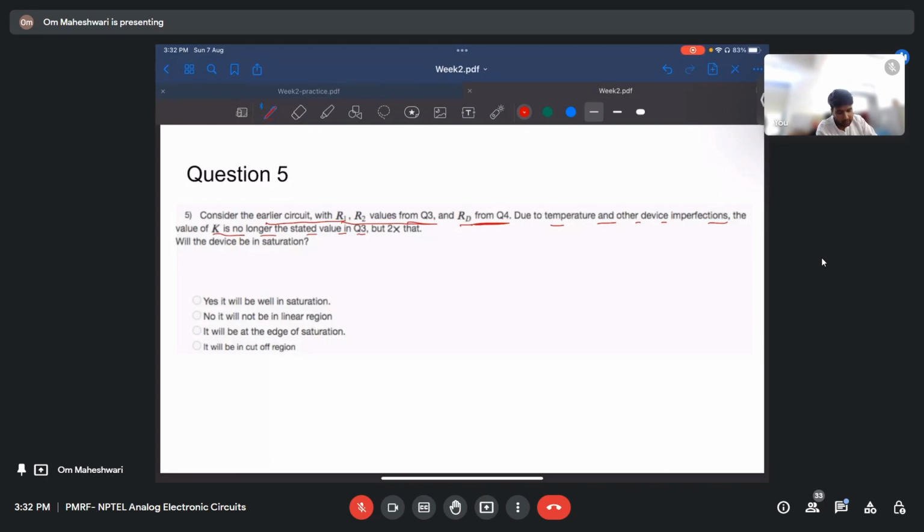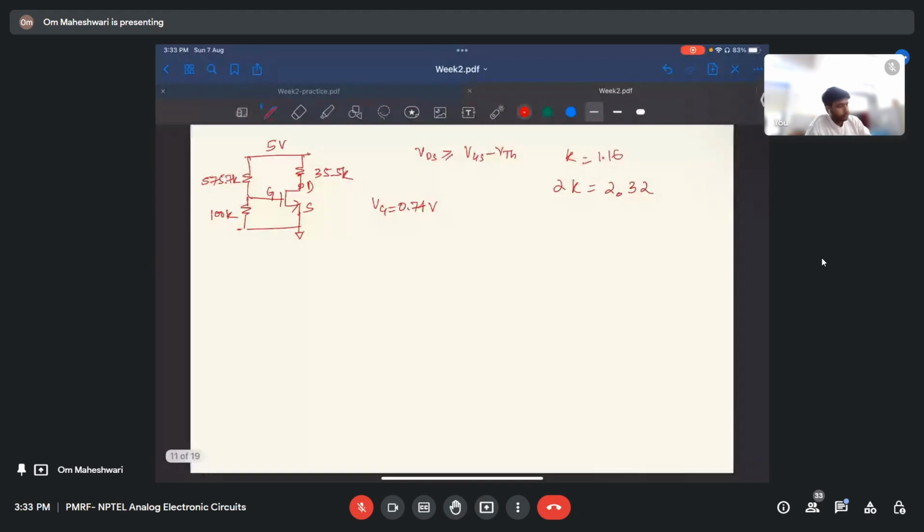We had stated earlier it was 1.16, now it is 2 times that, 2 into 1.16, that is, sorry, 2.32 millisiemens per volt. This is the new K. They're asking will the device be in saturation. Okay, let us find it.